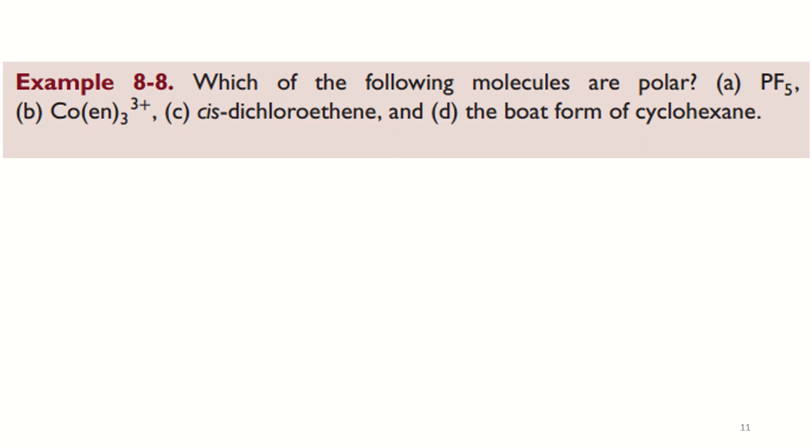Now let's talk about the sigmas. There are two types of sigma, sigma h and sigma v, but if there is a sigma h in the molecule, we prefer to go for sigma h. So the molecular point group for PF5 is D3h, and it is non-polar in nature.